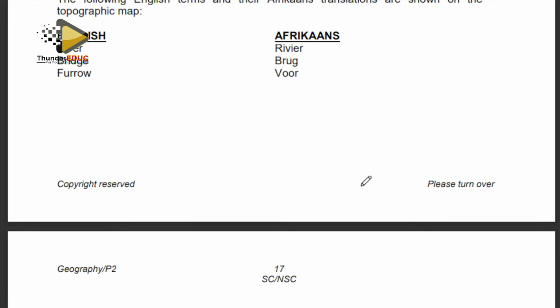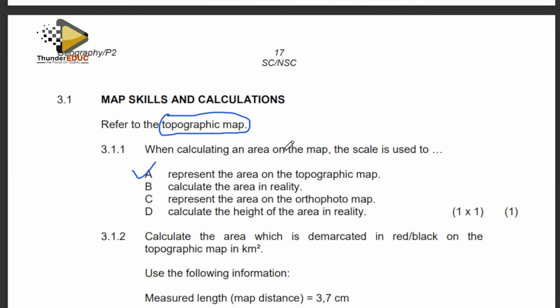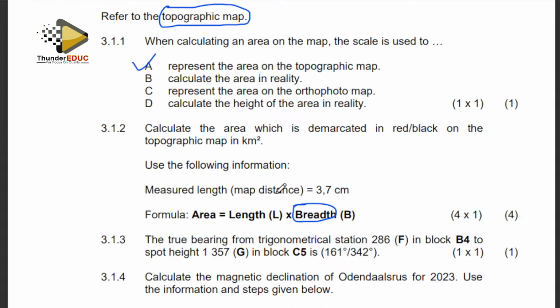When I use a blank page here, you say calculate the area. So our area is like this. If they say the length is given, 3.7, what will be the breadth?